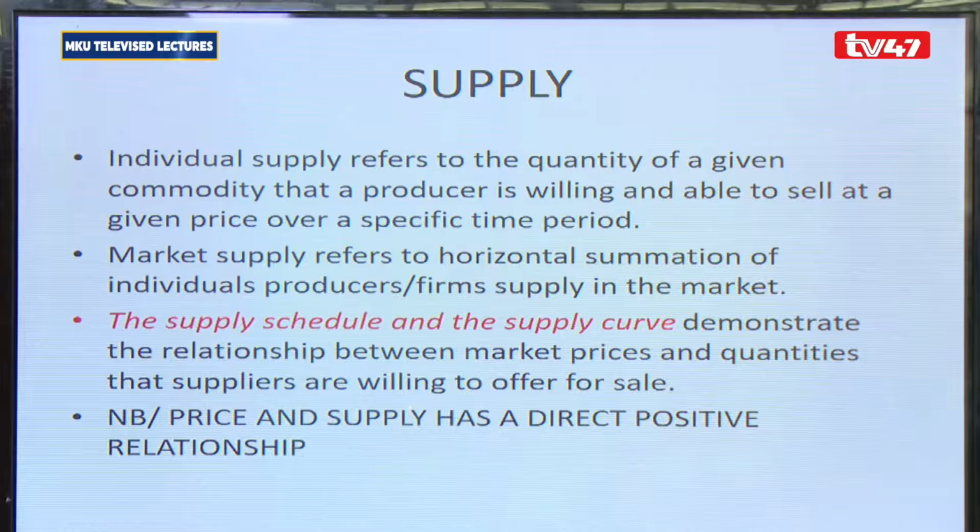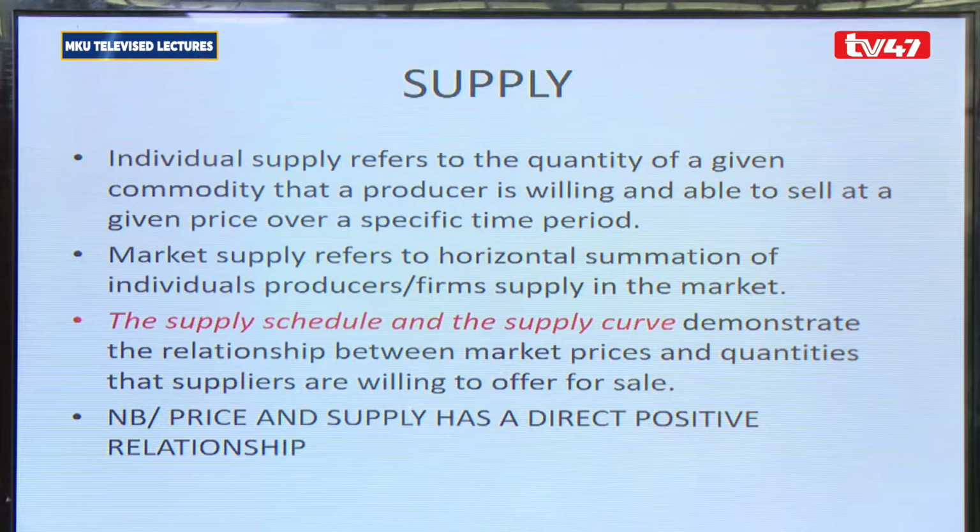Now, this can be demonstrated, like we did, through what we call the supply schedule, which is guided by what we call the law of supply. Just like the law of demand, the law of supply shows a direct positive relationship. Remember, the law of demand demonstrates an inverse relationship between the variables.